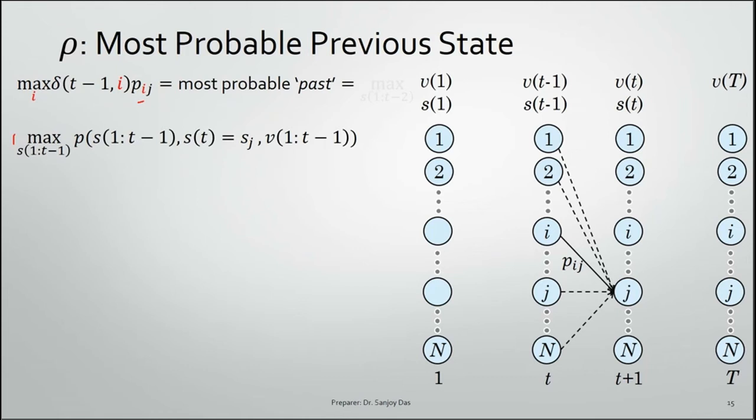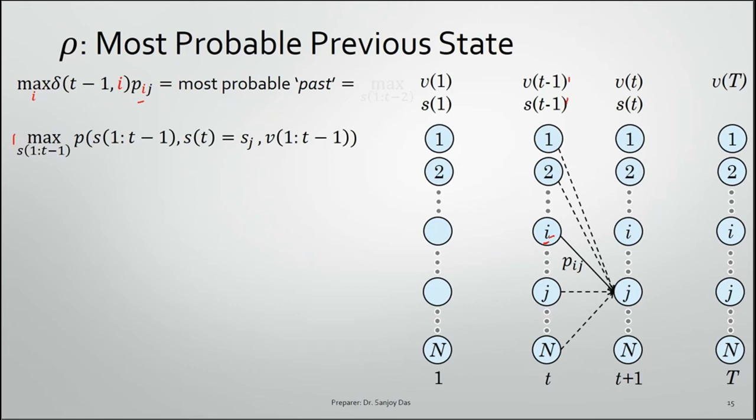Delta t minus 1, i is the joint probability of being in state Si at time t minus 1 and emitting symbol V t minus 1. But there are so many different probabilities depending on the path. One could have come through one path to reach this Si, another possible state sequence to reach Si, and so there are so many state sequences.